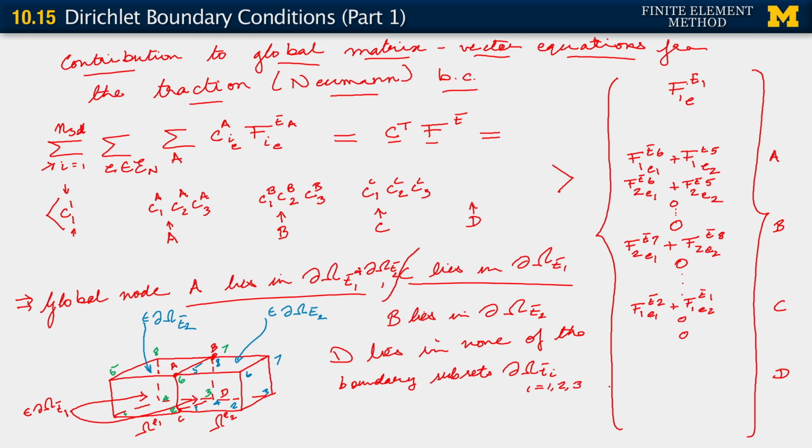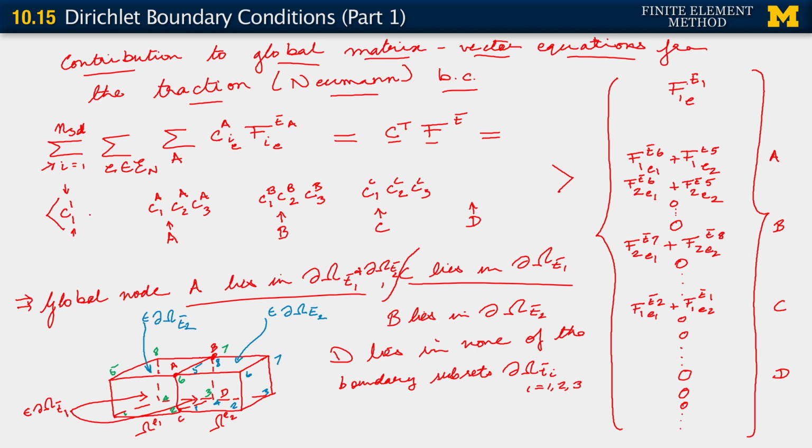Given that, what contributions would we find in this traction force vector for global node D? You're right, all zeros. So we get a 0, 0, 0, and we would go on.